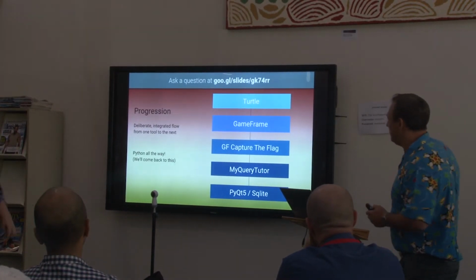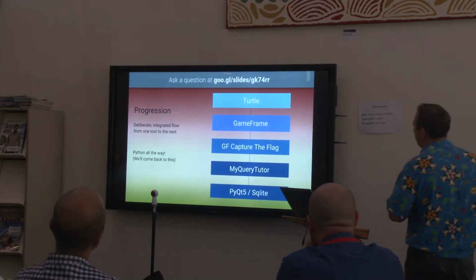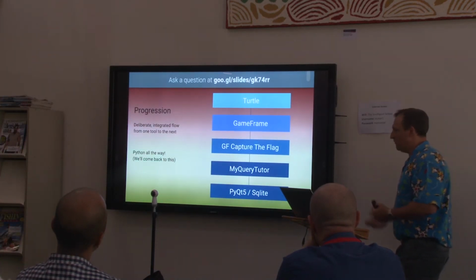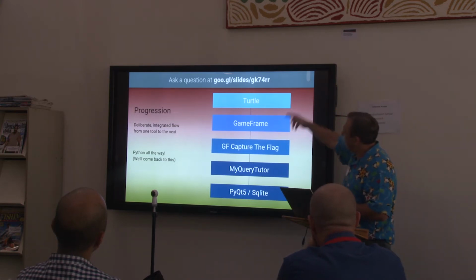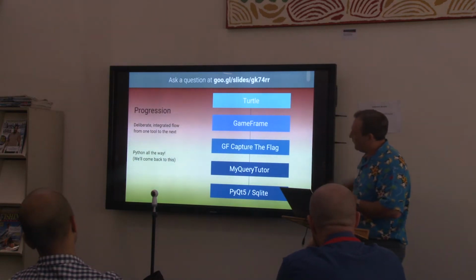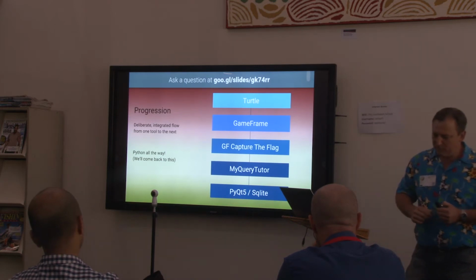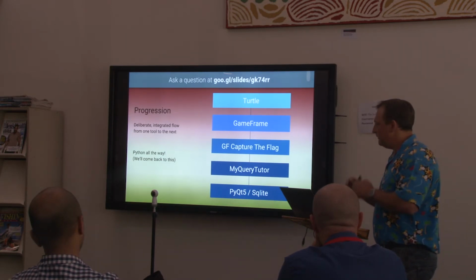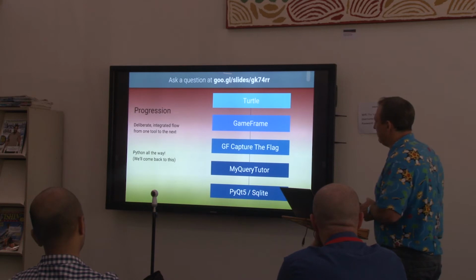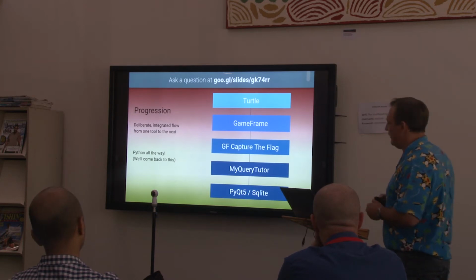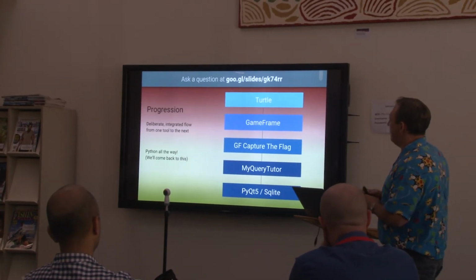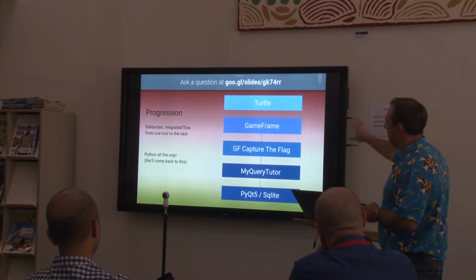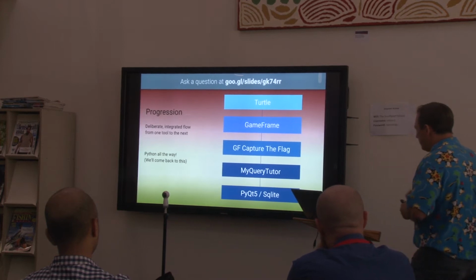The first one and the last one are not mine, but I've written a bunch of coursework around it and tutorials, how-tos and all that sort of stuff. So basically what I have here is a progression from working with Python Turtle. And Python Turtle is just very, very basic, starting out, do basic commands. Anyone can do that, even primary school kids. So the way I work this is Turtle and GameFrame are around about year 9 start.